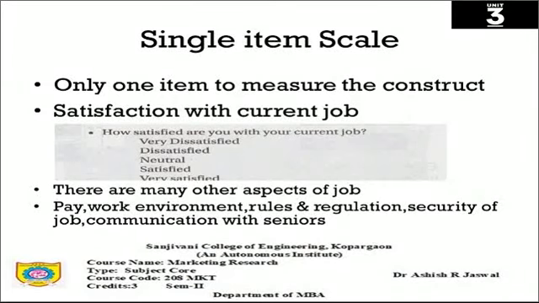Now there are many other aspects of a job which need to be analyzed when you're measuring the satisfaction with the current job. Could be pay, work environment, rules and regulation, security of job, communication with seniors. But here, the construct is measured only on the parameter that is taken, and other aspects are not considered. So here it is called single item scale.